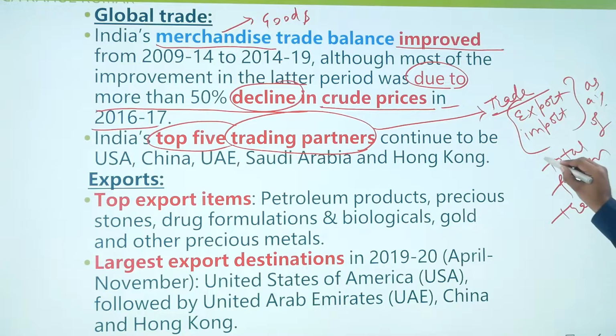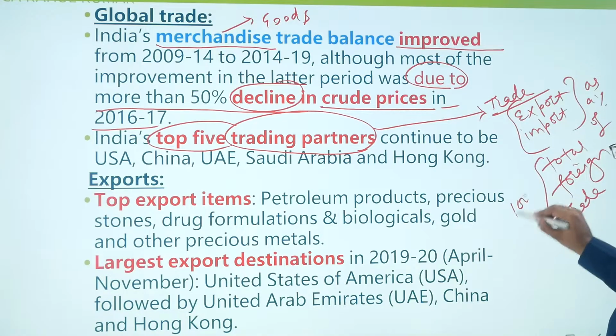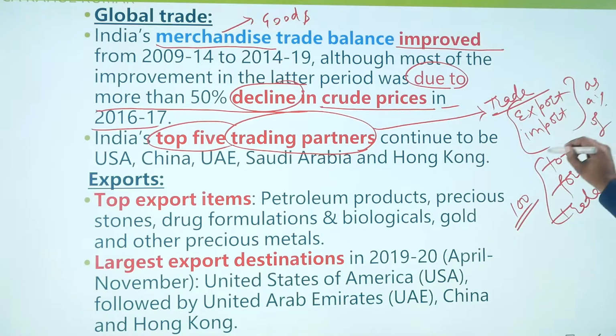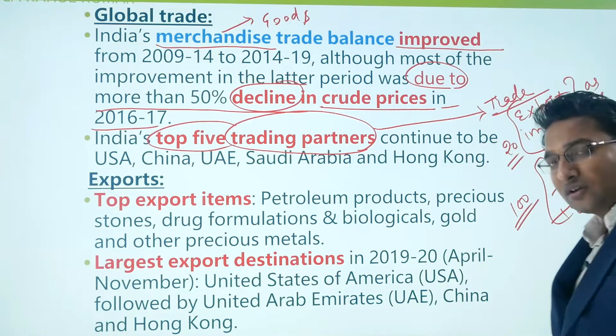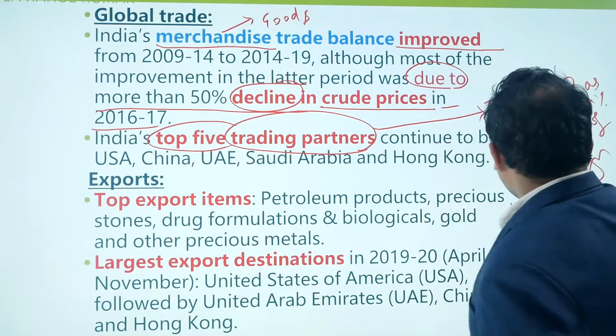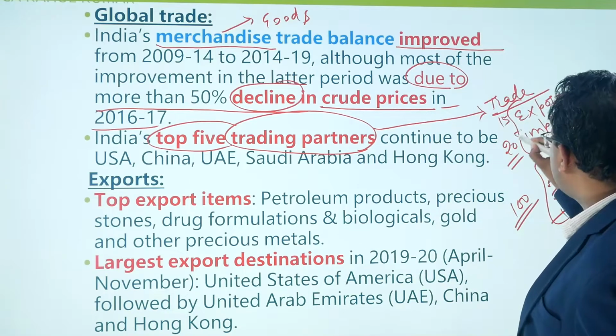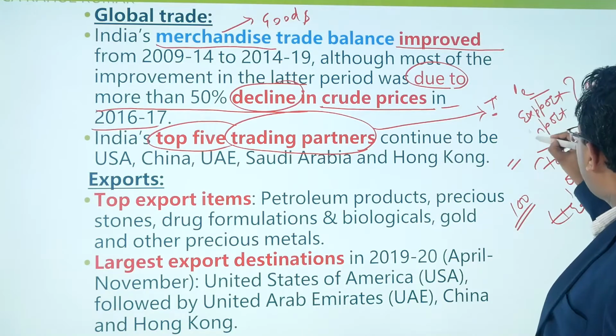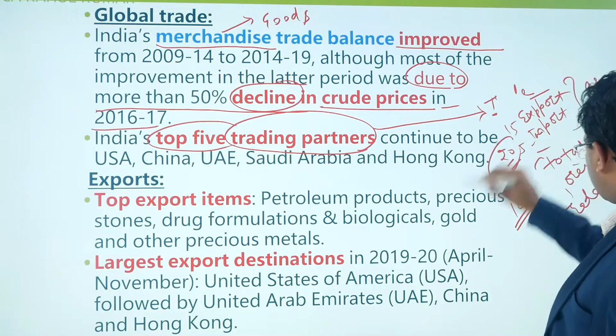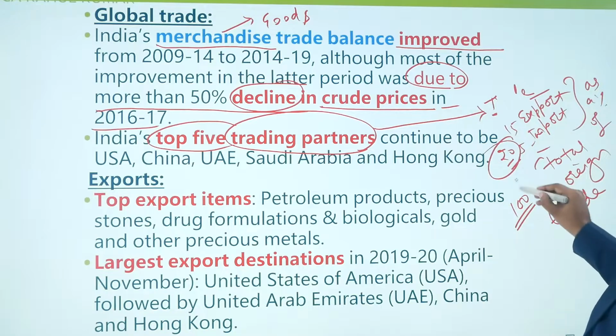So for example, total foreign trade of the country is 100 rupees. Export and import with a particular country is 20 rupees, both export and import. Export is 15 rupees and import is 5 rupees. So combined, 20 upon 100.